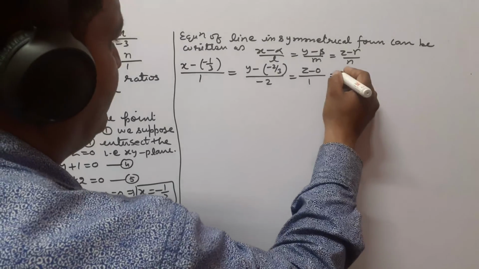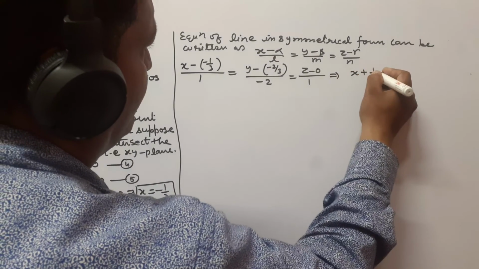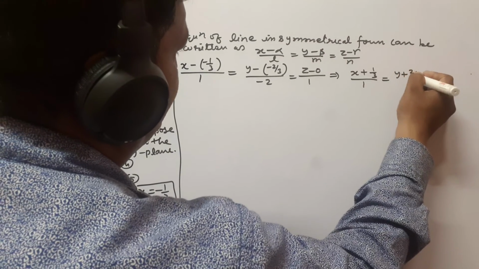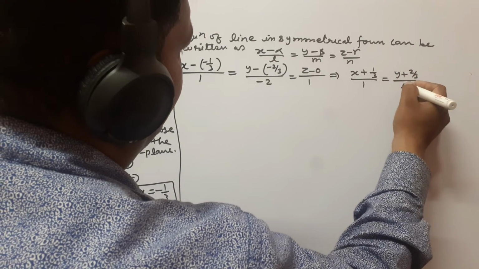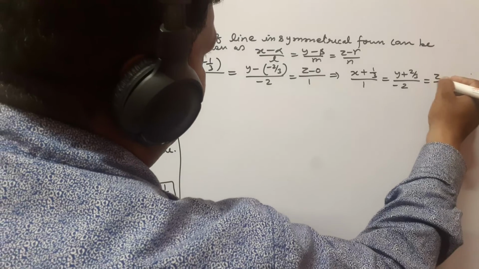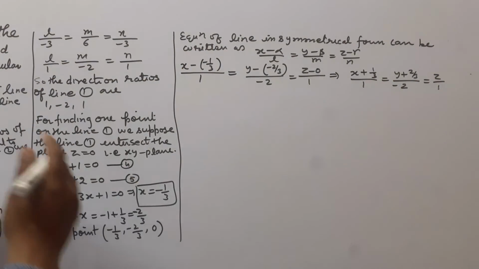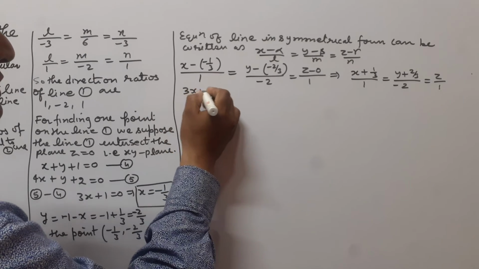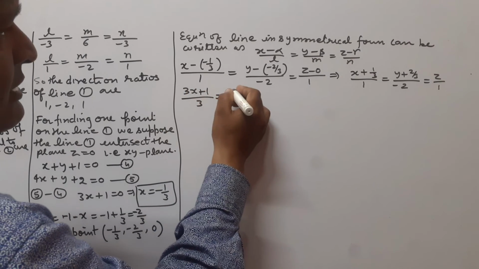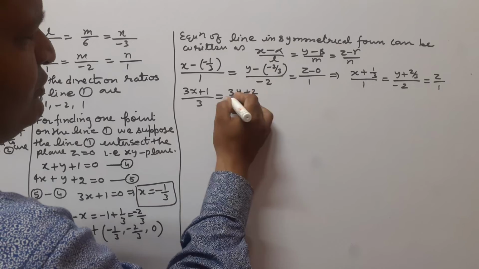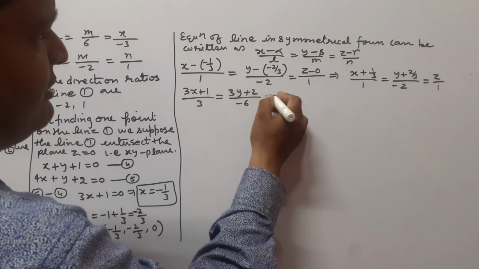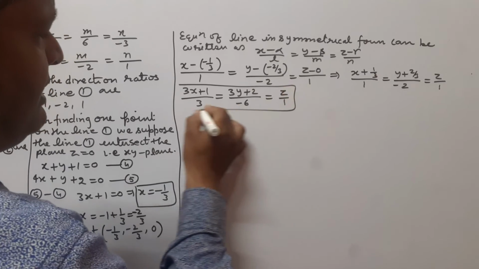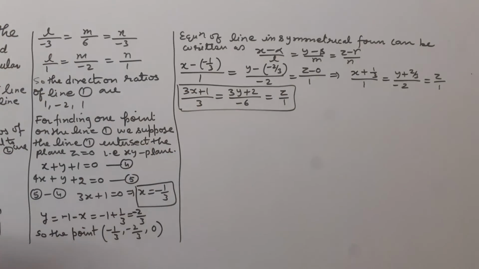So this can be written as x plus 1 upon 3 divided by 1 is equal to y plus 2 by 3 divided by minus 2 is equal to z divided by 1. This can also be written as 3x plus 1 divided by 3 is equal to 3y plus 2 divided by minus 6 equal to z upon 1. So this is the line in symmetrical form.